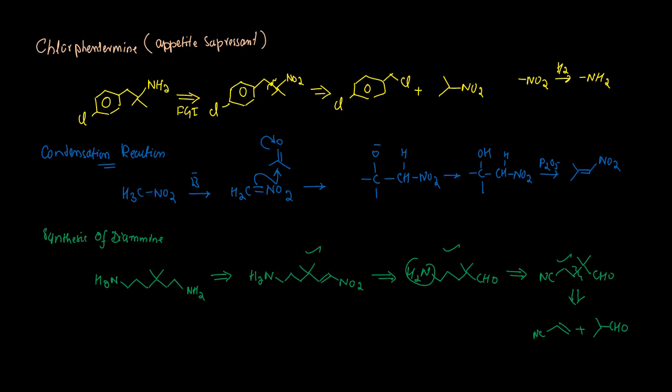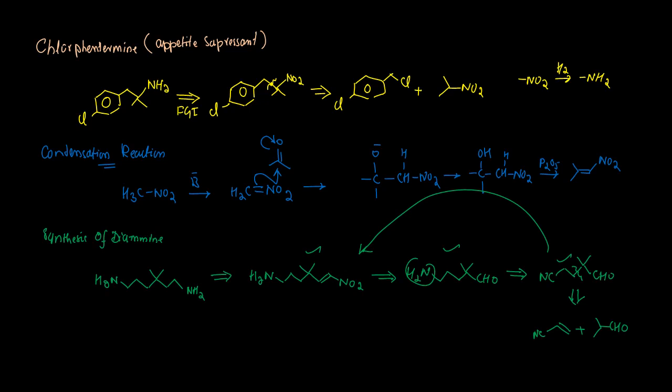In this example, first the formyl group is transformed into an alpha beta unsaturated nitro compound, and that nitro compound is ultimately reduced to the end stage. This compound is reduced in the last stage, in which the nitro compound is formed. So this is how we can utilize the application of a nitro compound in condensation reactions as well.